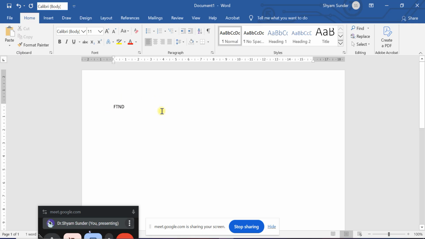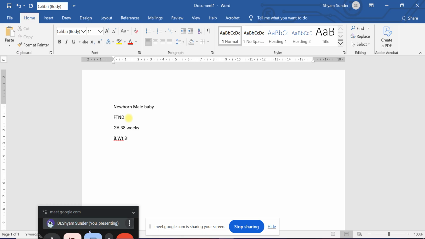So full term normal delivery. Newborn male baby or female baby, full term normal delivery, and gestational age, 38 weeks. Then what is important is birth weight.